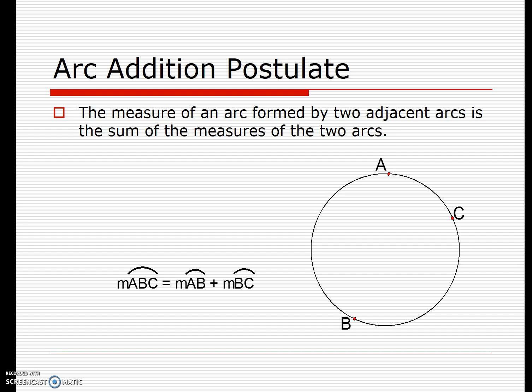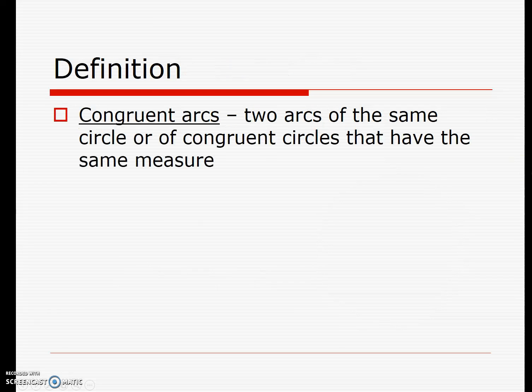So to find the measure of arc ABC, this whole thing here, I can say arc AB is equal to some amount, arc BC is equal to another amount. So if I want to find the whole thing, I can add them together. Again, they have to be next to each other. We can't just take a little piece over here and a little piece over there to find the measure. We have to find the whole thing as long as they're sitting next to each other.